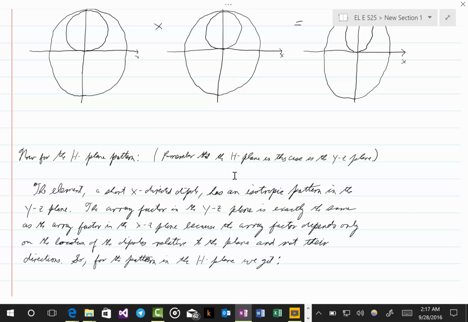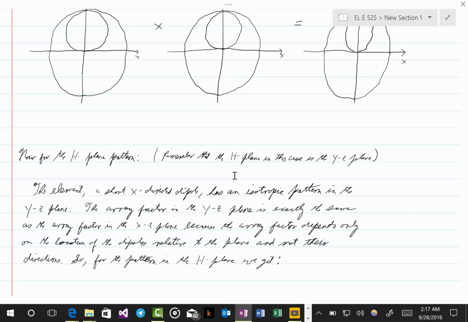We took it to be the XZ plane, but it could have been also the XY plane, the YZ plane. Any plane where phi is constant would have served equally well as the E plane.